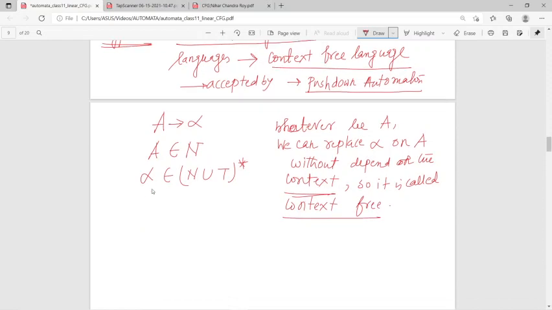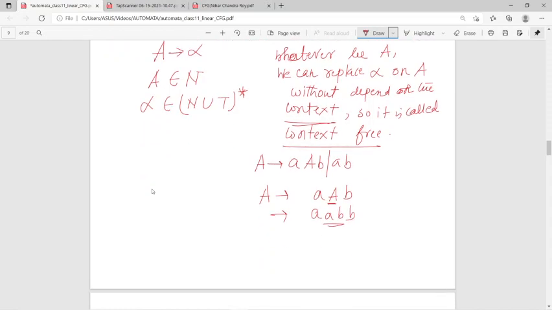So that is a production rule. When a b is there, I can replace this A with alpha, there is no problem. That is not depending on the context. But what do you mean by context? The rule may be such that if this is a, then you can replace it with alpha.